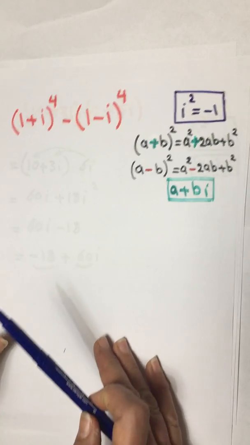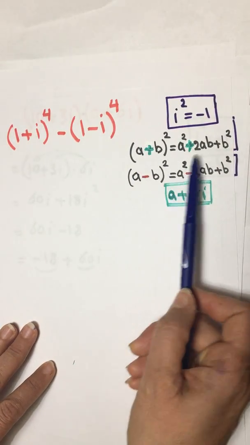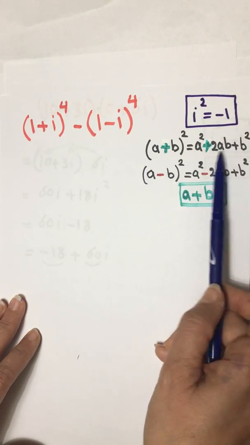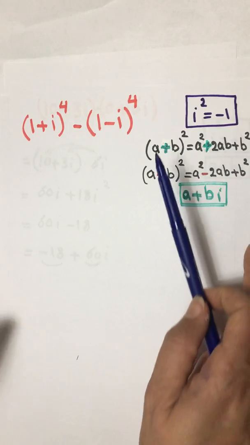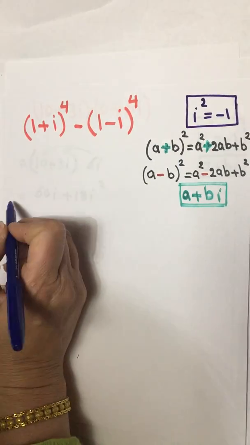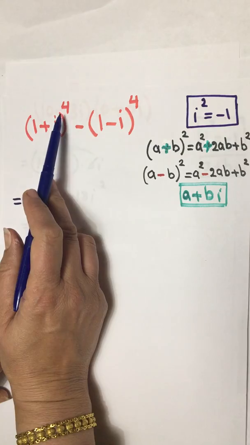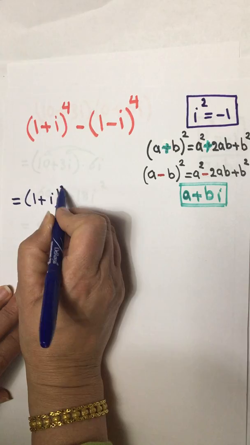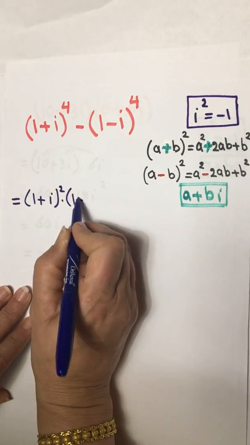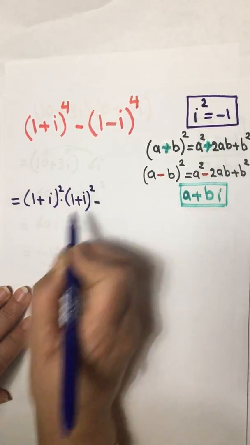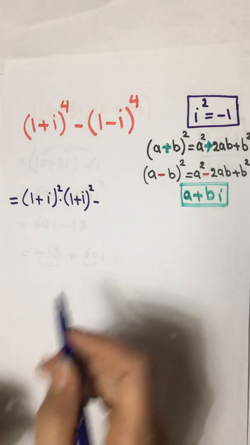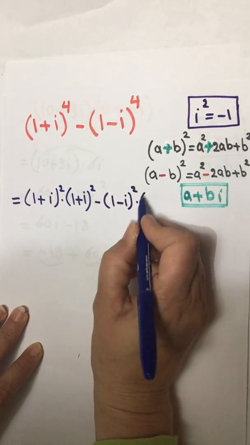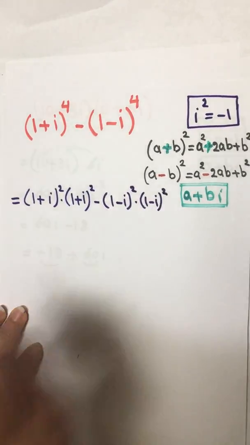So I know these two formulas, A plus B squared is this amount, and A minus B squared is this one. 1 plus I to the power 4, I can make it 1 plus I squared times 1 plus I squared, minus 1 minus I squared times 1 minus I squared.